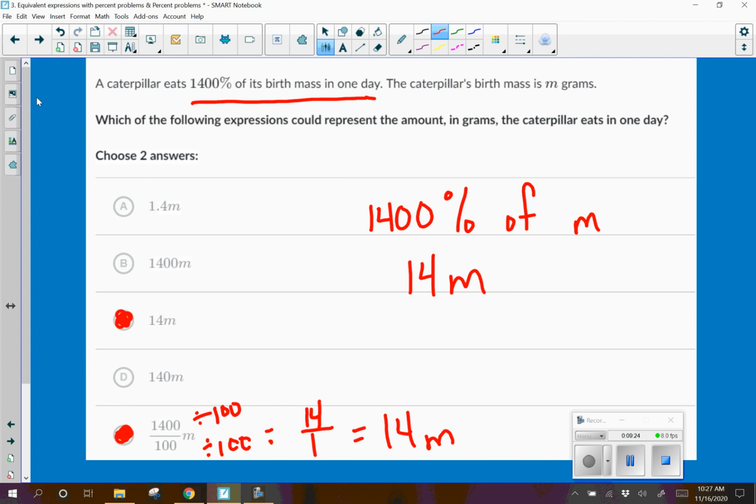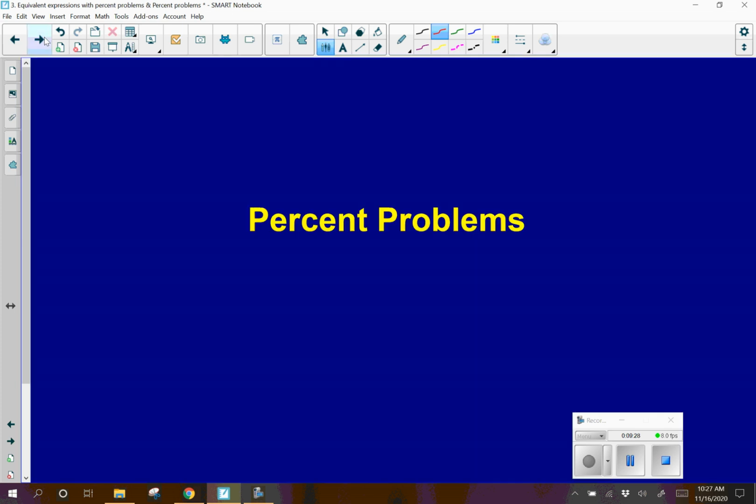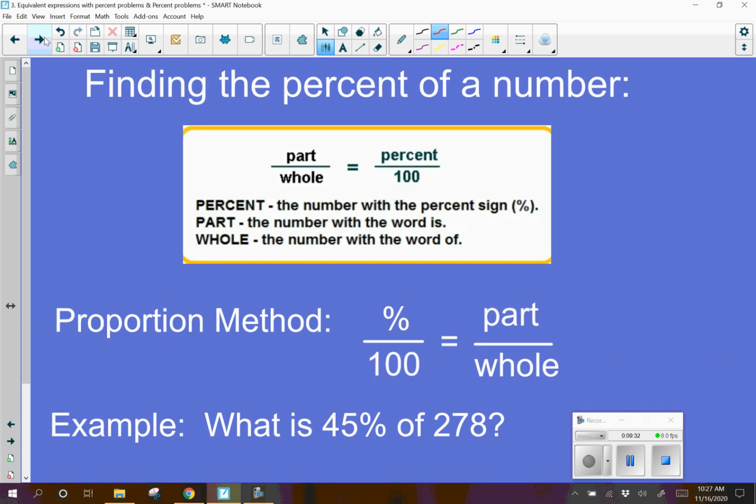Okay, let's move on to some of these percent problems. So before we get into the percent problems, let's first review some steps in how to find percent of a number. So there's 2 different ways that we can use. The first method we're going to talk about is the proportion method, where you would set your proportion up just like we have here. Part over whole equals percent over 100.